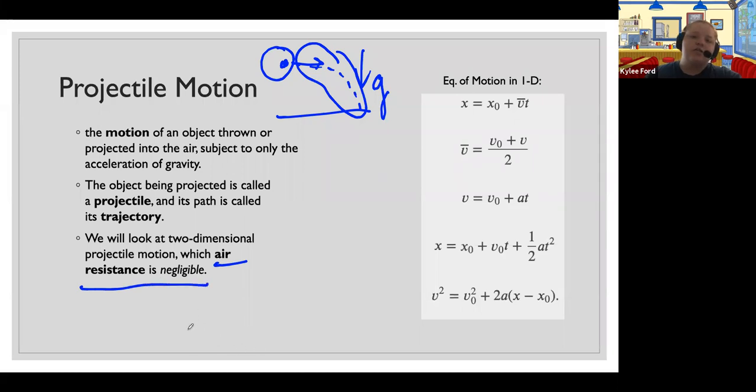So this is one of those hand-waving things that us physicists do. We say, it's fine, we don't need to pay attention to friction, and that's exactly what air resistance is. It's a type of friction. So we are going to say it's negligible, so we're not going to take that into consideration when we're looking at these projectile motions and such.